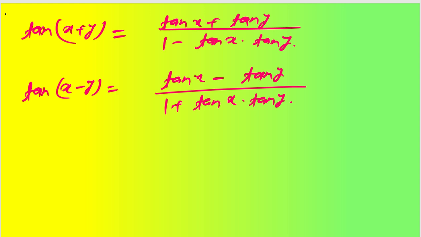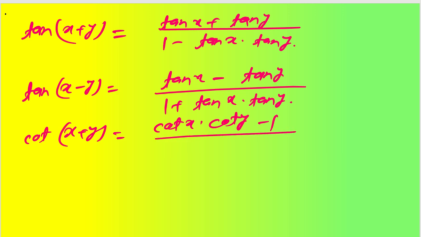Okay. Now similar to this, we can go for cot also. So cot of x plus y will become cot x into cot y minus 1 divided by cot y plus cot x.